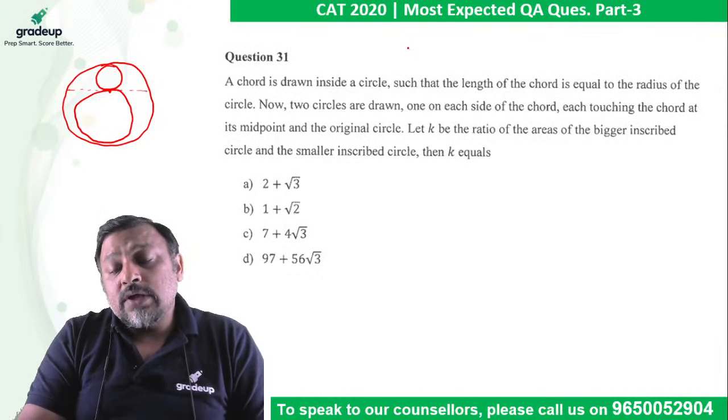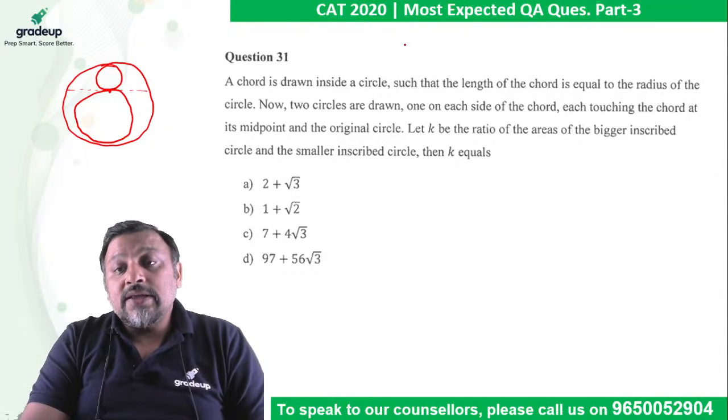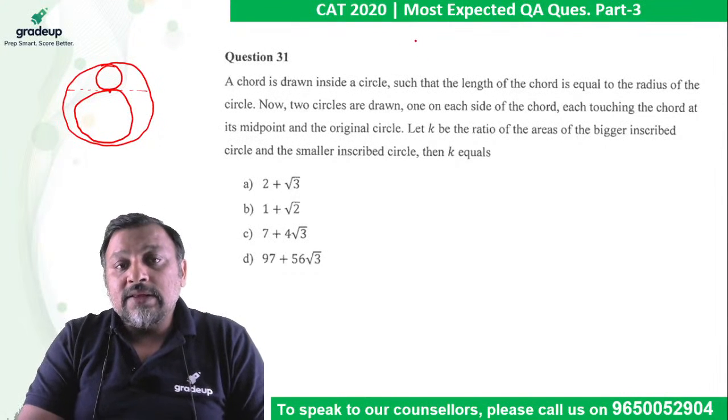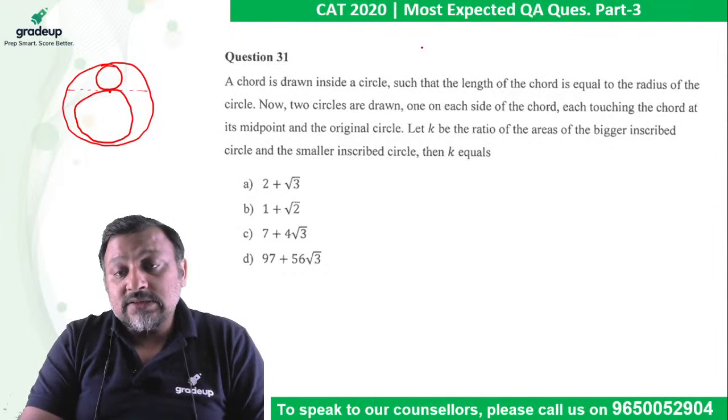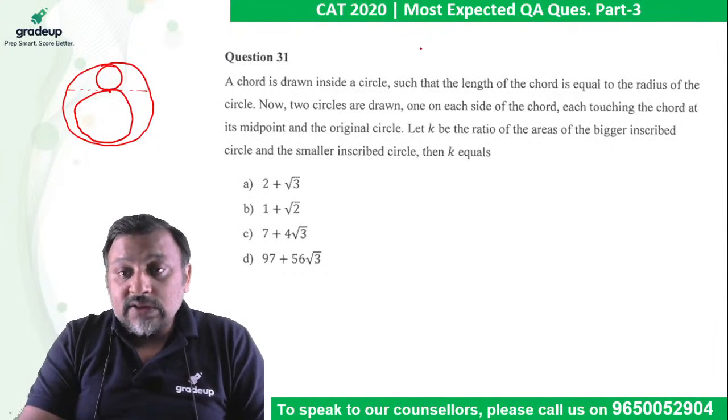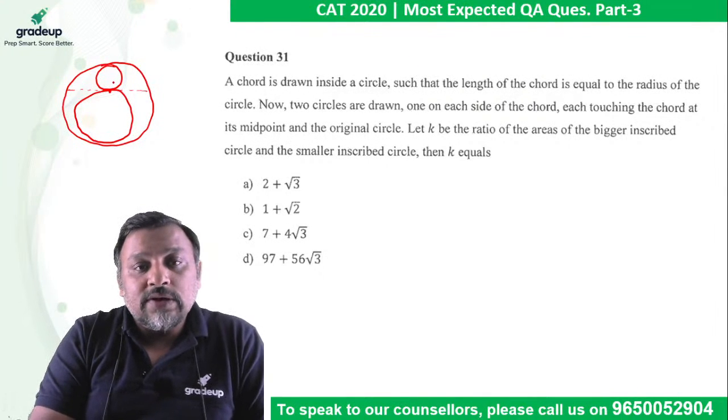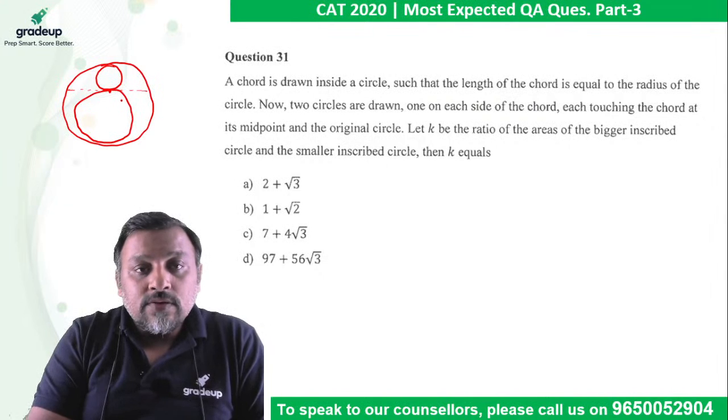See, we know if two circles touch each other internally, then the distance between the centers is the difference of the radii, and if they touch externally, then it is the sum of the radii.